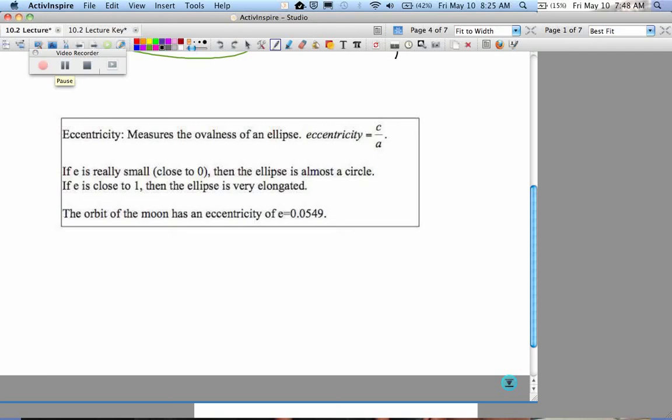There's a thing called eccentricity, which is talking about how oval or circular the ellipse is. If e is really small or close to 0, it's a circle. If e is really close to 1, then it's more elongated.